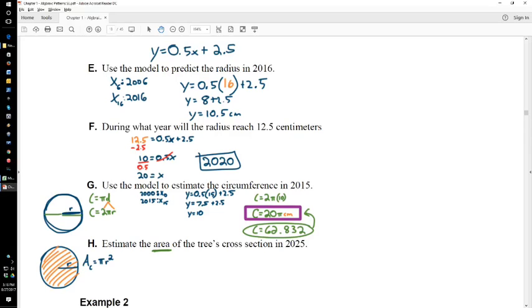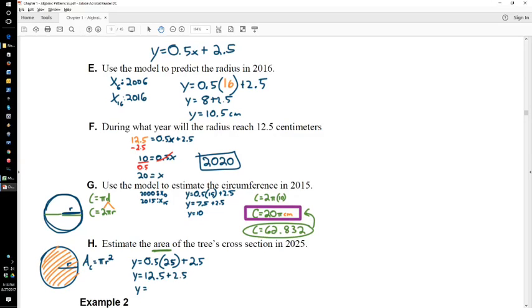So first things first, we need to find the radius in year 2025. So here we go. Y equals 0.5 times 25, since 2025 is an x of 25. If you're wondering why 25, go look at the last problem as to why it was 15. That'll answer that. Plus 2.5. Half of 25 is 12.5 plus 2.5.